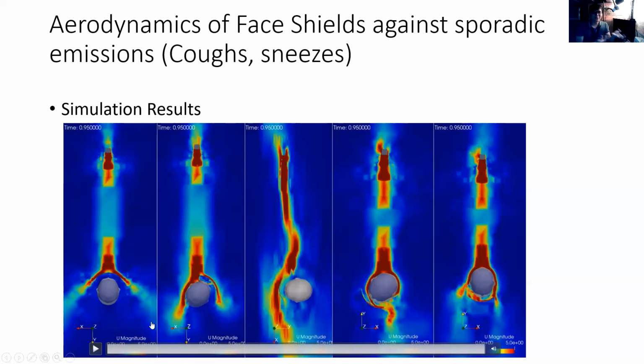So in summary, for sporadic emissions, the face shield offers protection from frontal emissions, with some discretion. Despite being protected from the larger droplets, face shields cannot protect healthcare workers from the smaller droplets, which linger longer in the air.